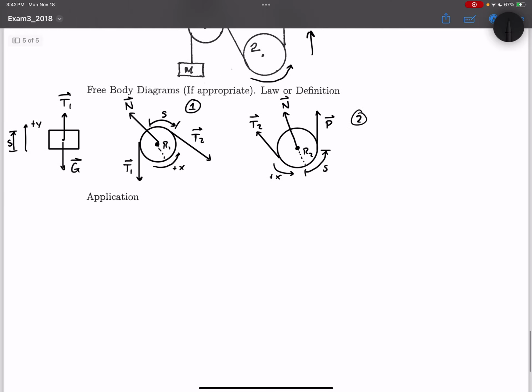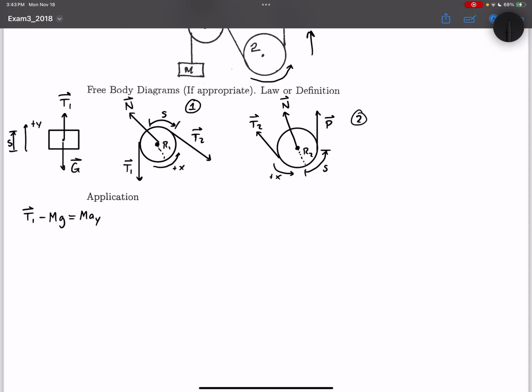forces here. Let's see. So we've got T1 minus mass times gravity, which equals capital M, a y.